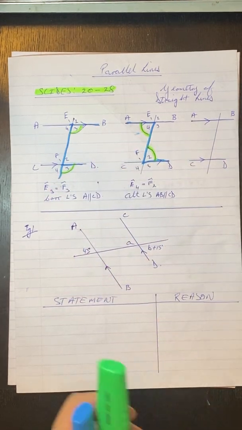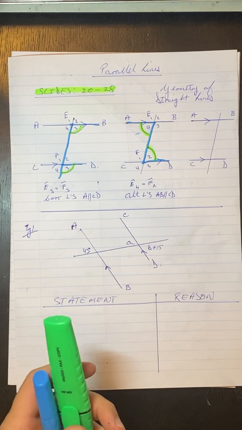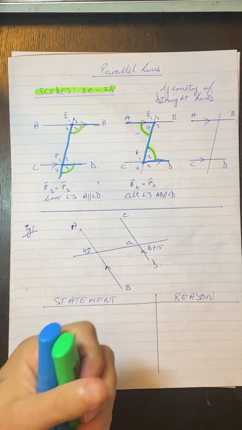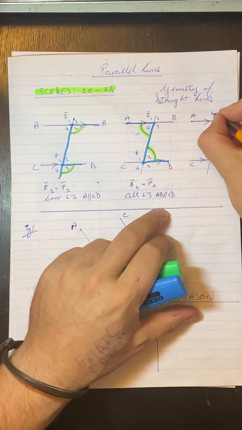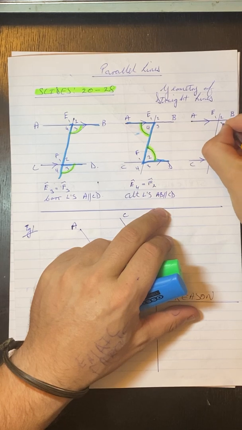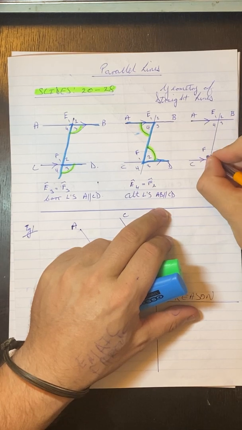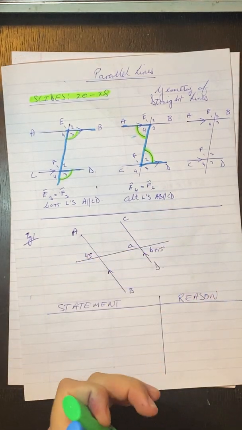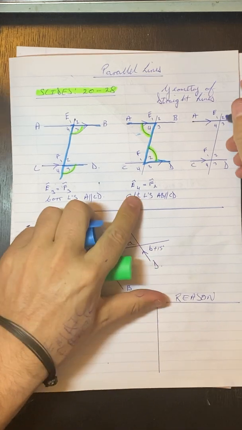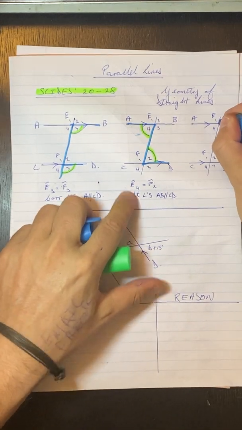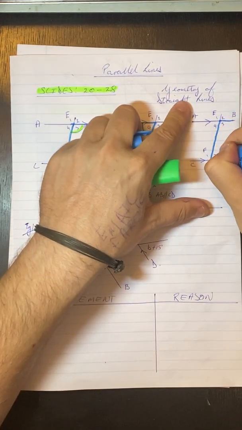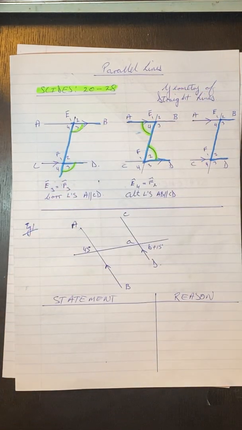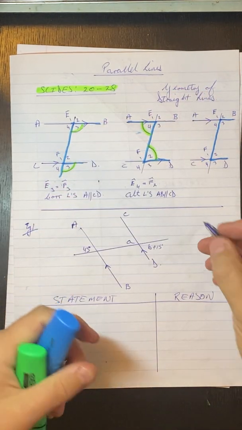The last one we're going to look at is co-interior angles. And co-interior makes a C. So if I call this angle E1, 2, 3, 4, F1, 2, 3, 4, we can make a C here. And there's our C. Now, the co-interior one works a little bit differently.